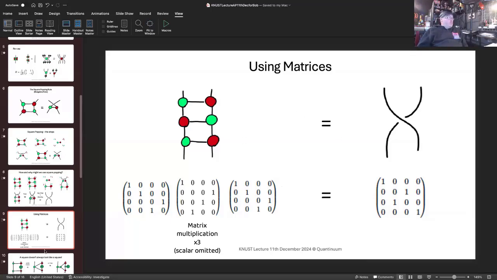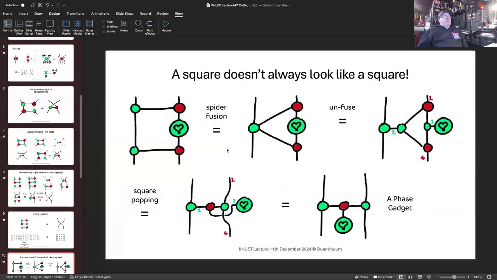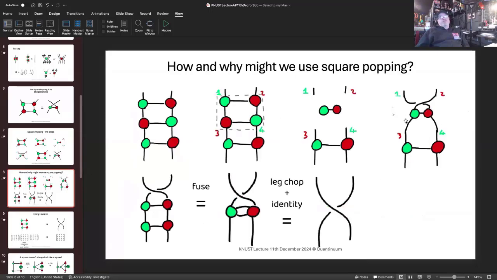Now I'm going to go to a more interesting example. What I just explained to you, this method, let's go to the previous slide. This method to simplify a quantum circuit using these spiders and their rules is in fact the state of the art of simplifying circuits.